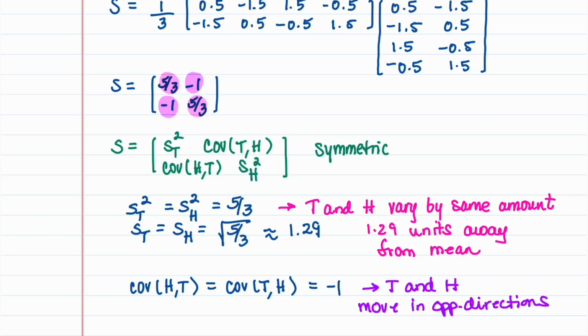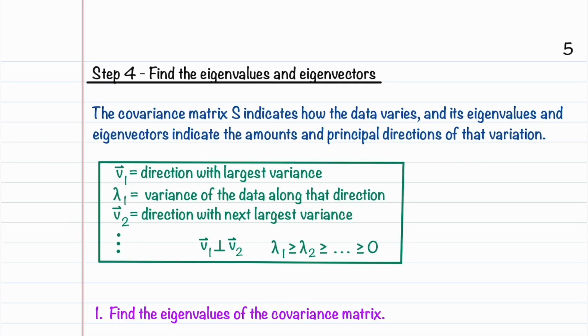In other words, when one goes up, the other is going to go down, and vice versa. Now that we have the covariance matrix, we can go on to step 4, where we're going to find the eigenvalues and eigenvectors of the covariance matrix. Since the covariance matrix S indicates how the data varies, its eigenvalues and eigenvectors are going to indicate the amounts and principal directions of that variation.